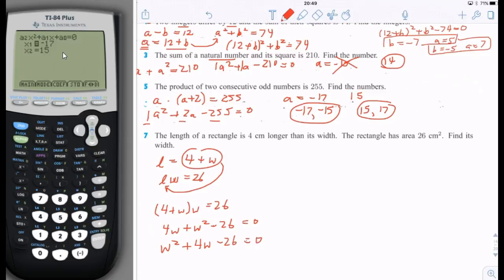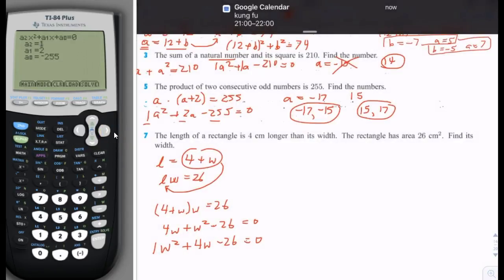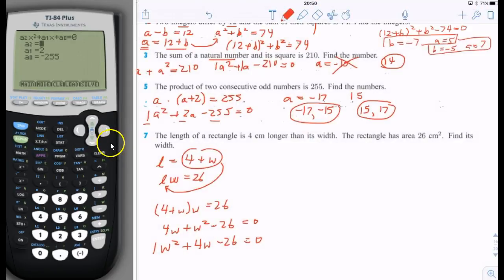So we can see now that our coefficients are 1, 4, and negative 26. So we're going to use poly-SMLT again. Poly-SMLT is a little bit faster than using second count 0, although it's less visual. Okay? So we have 1 and 4 and negative 26.